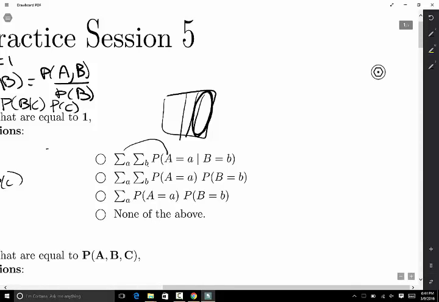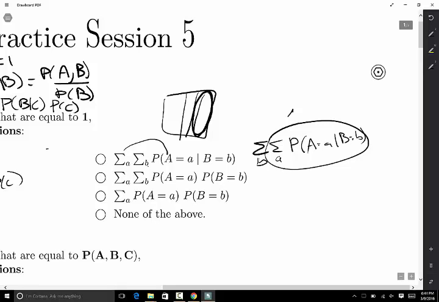So if we flip the order of the sum, which you can do because sum is commutative and associative, then we would have the sum over little a of p(A = a given B = b). And this is 1 for a particular b. And then we're summing over b. So this whole expression is equal to 1 times the size of the domain of b, which is not necessarily 1.